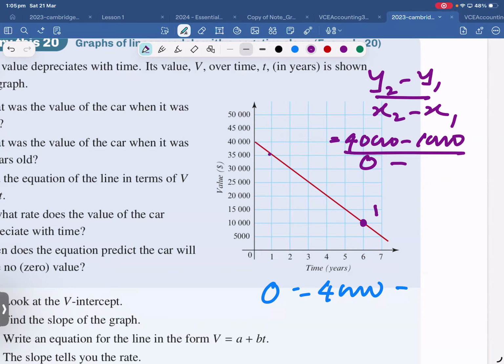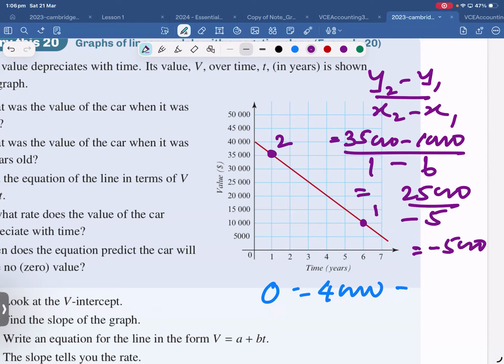Okay, so then you'll take it like here, and I took 6. So this is going to be 35,000, and x2 is 1, and this is 6, yes? So basically 25,000 divided by minus 5, which is minus. Good. This is the B.